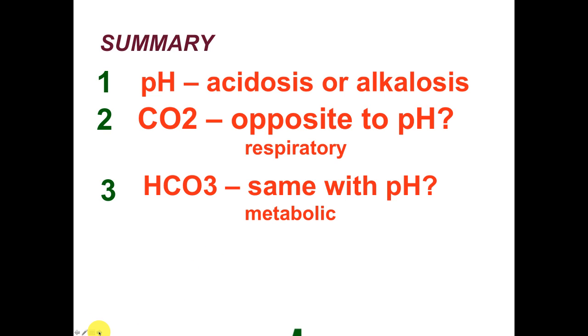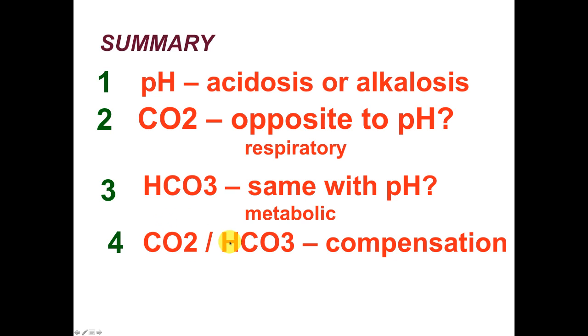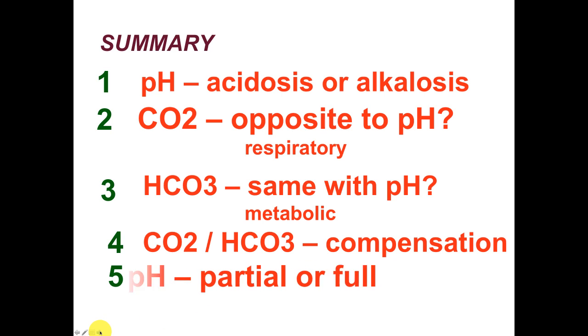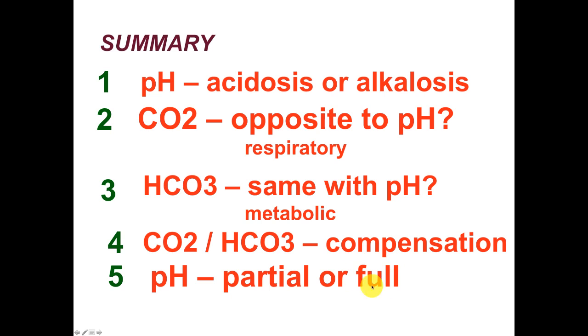And in order to detect compensation, we have to look at carbon dioxide and bicarbonate and see if both are going towards the same direction. If both will go towards the same direction, then there is compensation. But then the last question, is it partial or full? If the pH is already normal, then that's fully compensated.